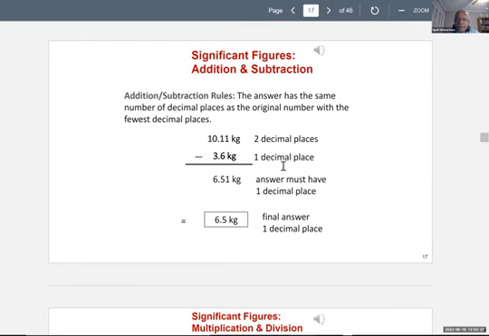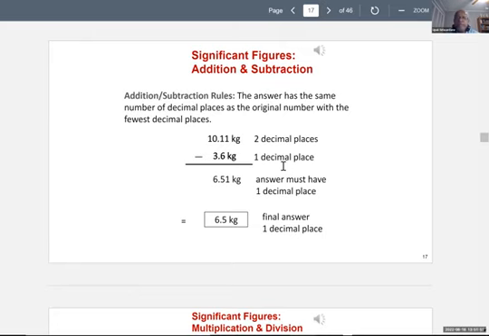So in addition and subtraction, if you do a calculation after you do the measurement, for example, 2 numbers, 10.11 kilogram and 3.6 kilogram. When you subtract these 2, the number you get in the calculator is 6.51.